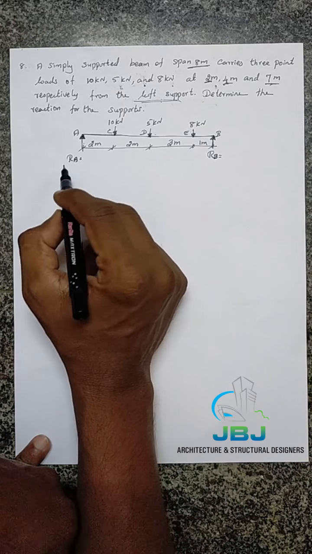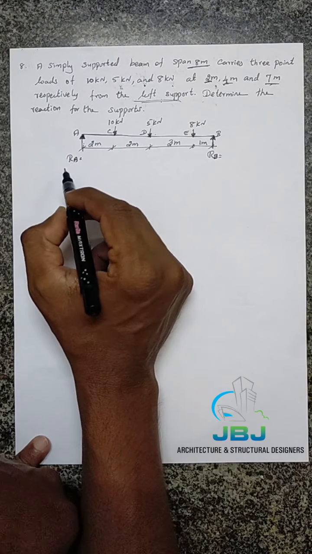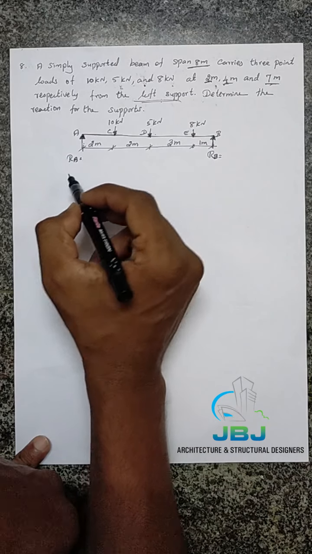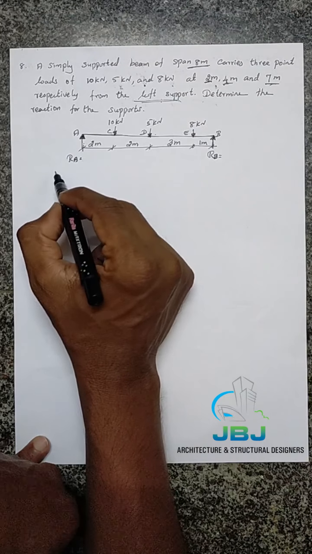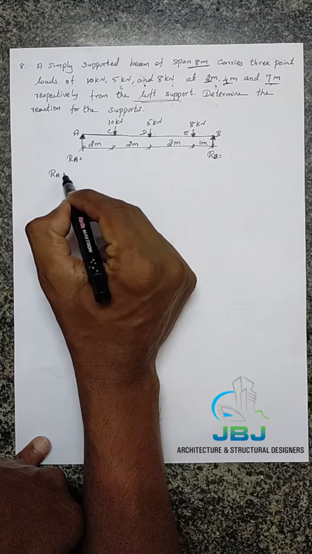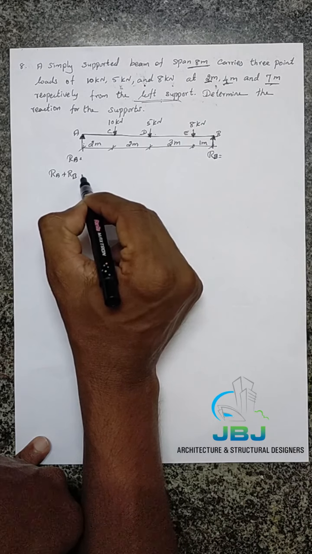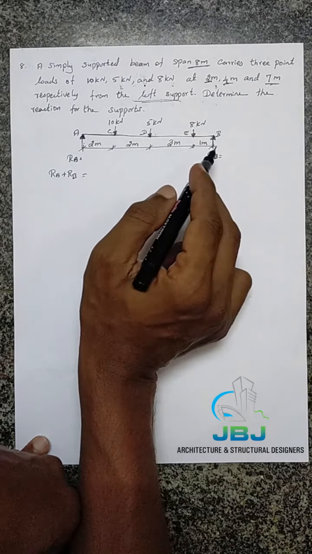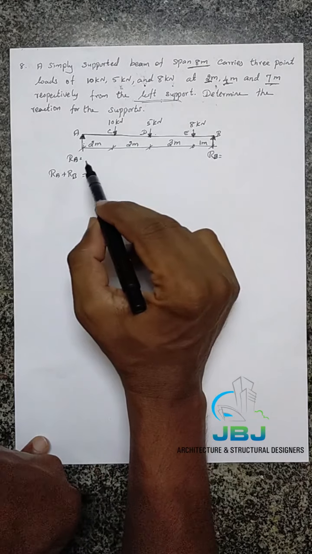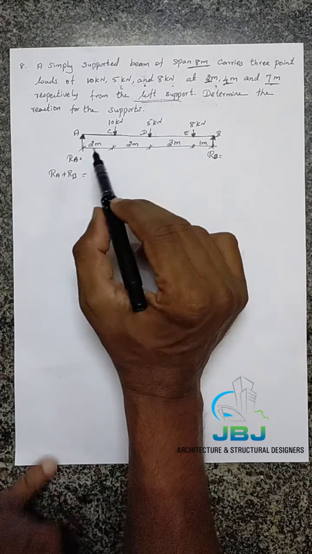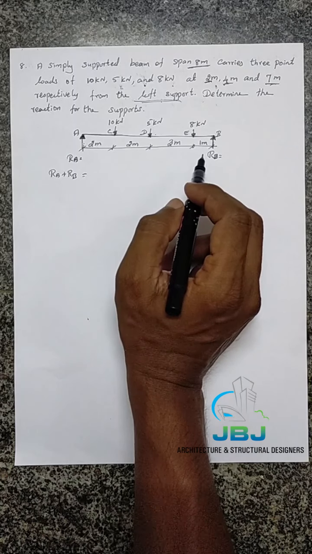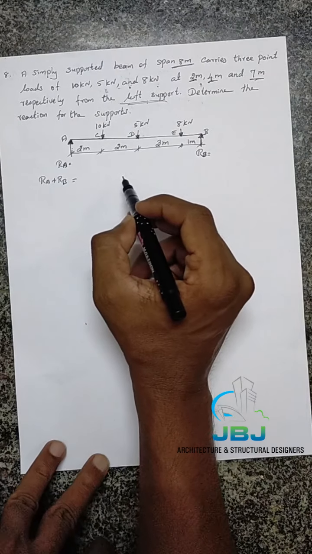For the equilibrium condition, summation of upward force equals summation of downward force. So we can write: RA plus RB. This is upward force. There are two upward forces, RA as well as RB.